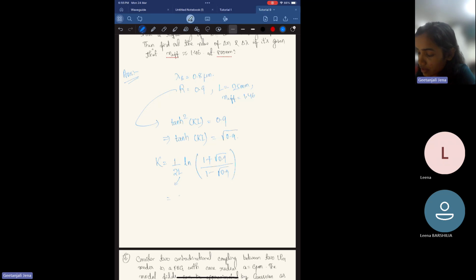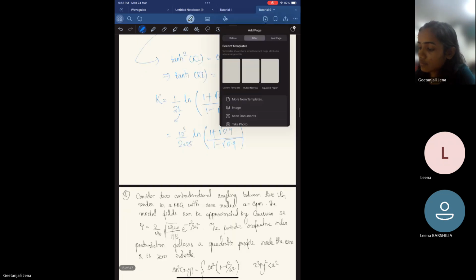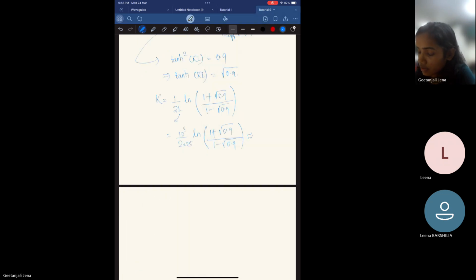So this will be 1 by (2 times 25) into ln of (1 plus square root 0.9) over (1 minus square root 0.9). And this will come around 0.073 millimeter inverse.